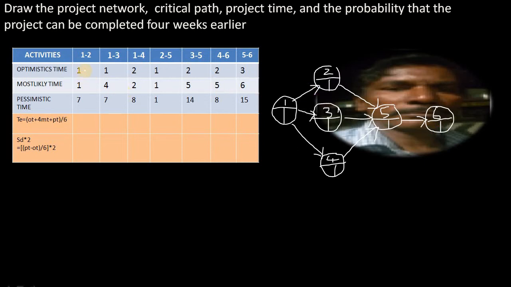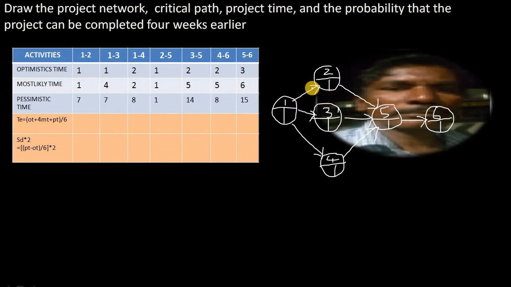But look, we have 3 time estimates for each and every activity: optimistic time, most likely time, and pessimistic time. What we need is that each activity should have only one time, then only can we calculate the earliest and latest times.